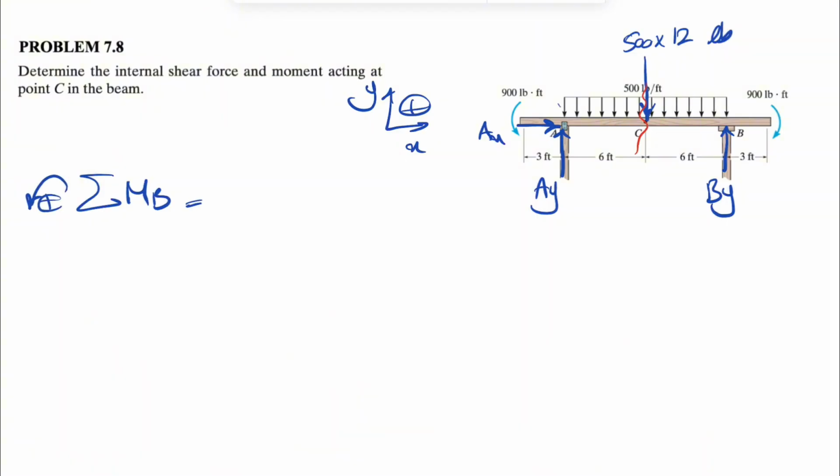And here, if we do that, we have the moment of Ay in this direction about point B, so it's a clockwise moment, minus Ay times the distance from A to B, or 12. The Ax is not making any moment since it's passing through point B. We have the moment of our distributed force in this direction, counterclockwise positive, so 500 times 12 times the distance from C to B, which is 6.